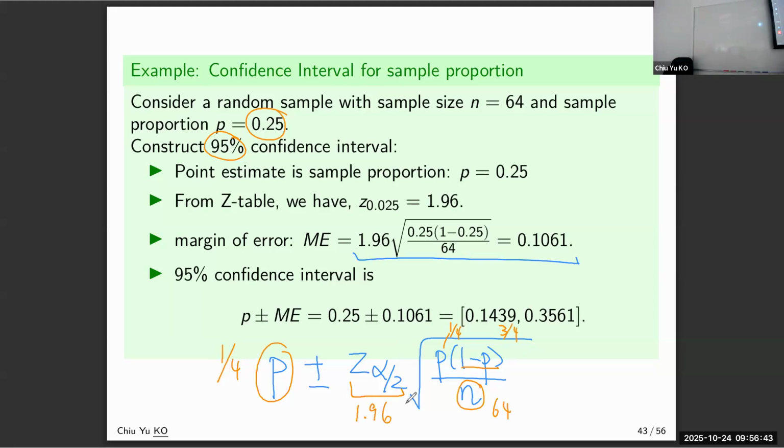And then up this guy, the margin of error is 10%, right? So your precision is up to adding 10% and minus 10%. Is that okay?